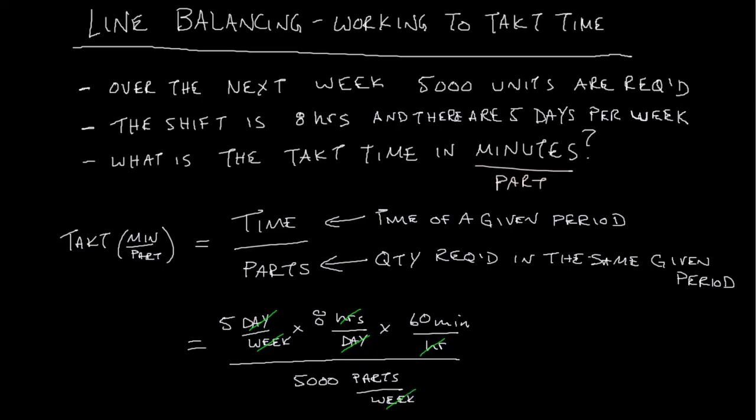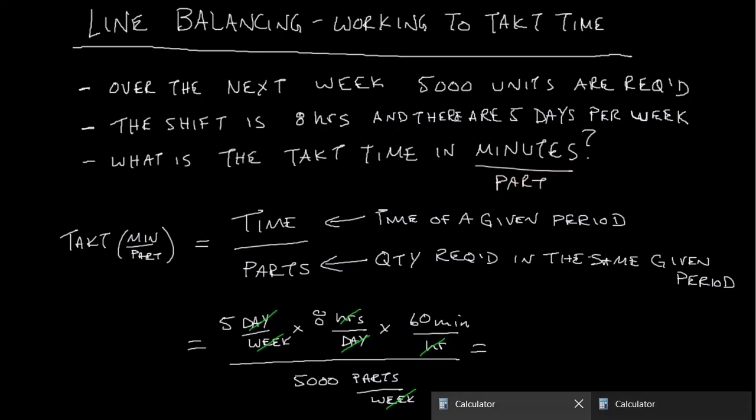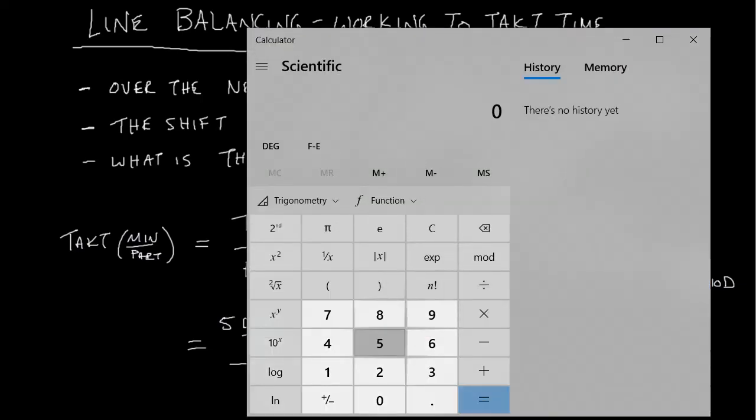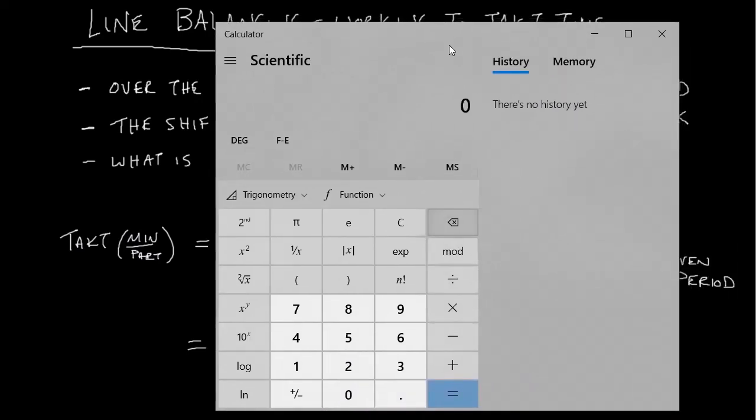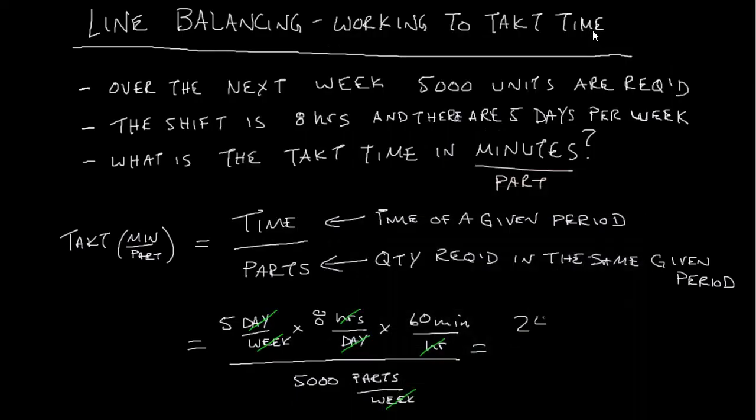And so that's going to equal, let's pull up the calculator here, 5 times 8 times 60. So that's 2,400 minutes within this allotted time or this given period.